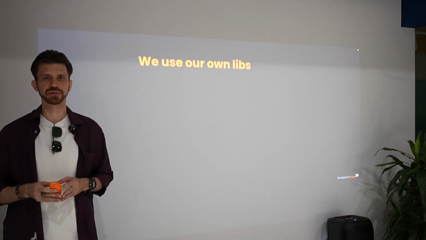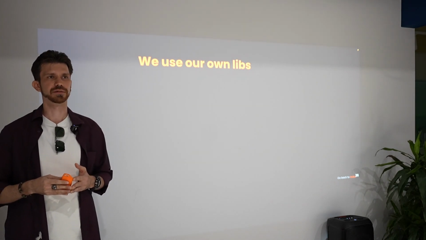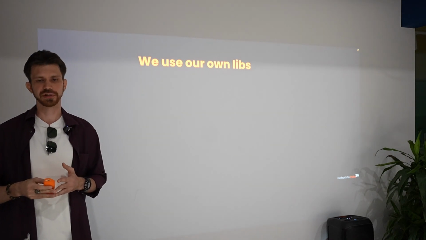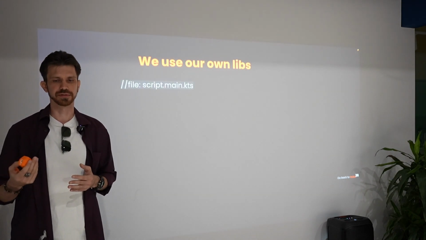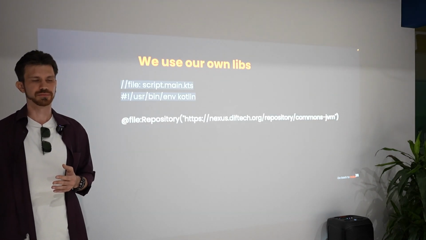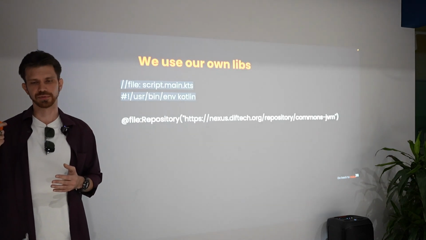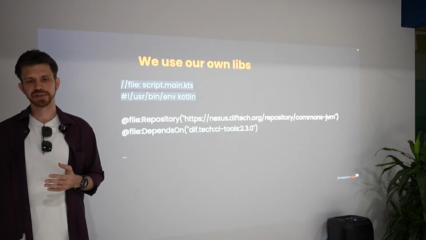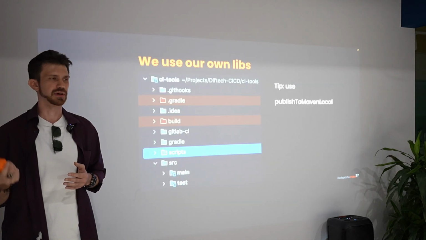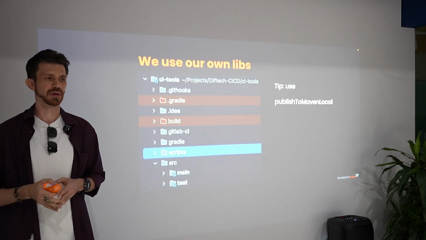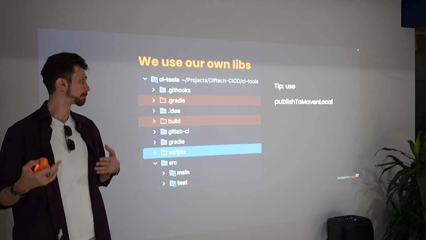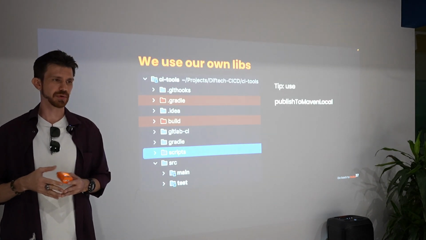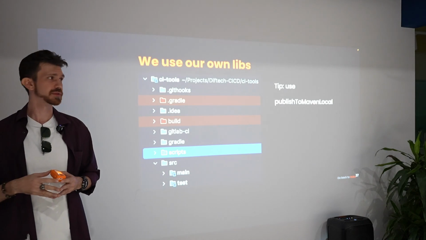In PlataCard, we use our own libraries. We just develop a Kotlin library, and we use it in our script. So just as in the previous example, we define a repository, we define a dependency, and we don't have problems with caching. How would we develop a library and debug our scripts?